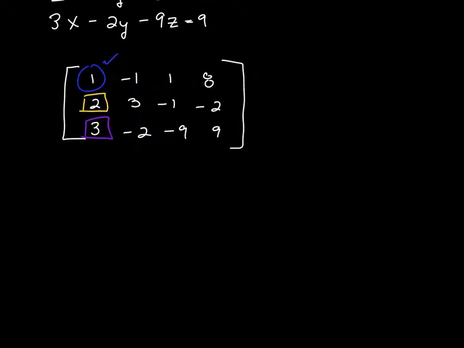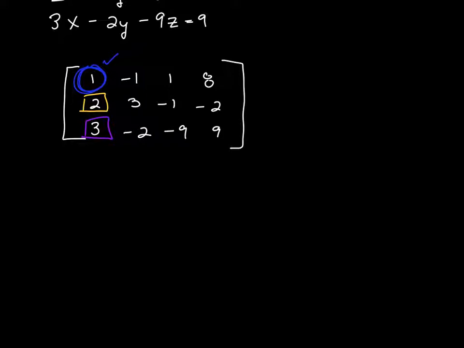So the idea and the reason why we make that first piece 1, row 1, column 1, the one I have circled in blue, is because we're going to use this idea to go ahead and make everything underneath that equal to 0.